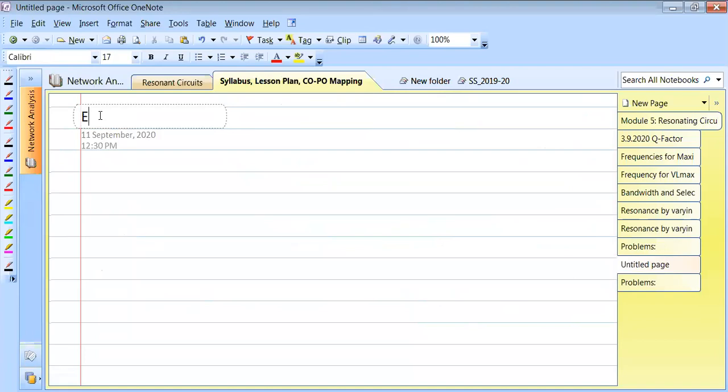So here we shall say expressions for half power frequencies. So this is what we have to do.